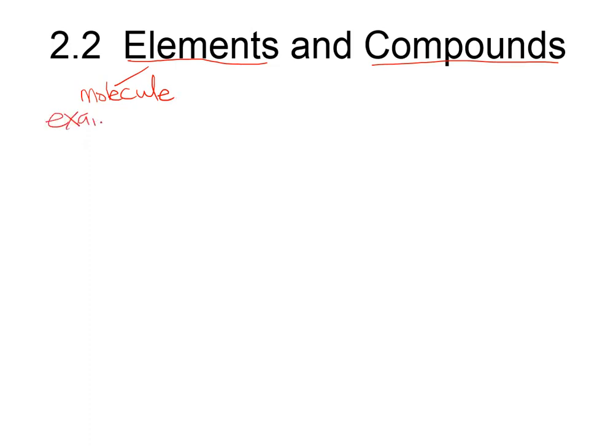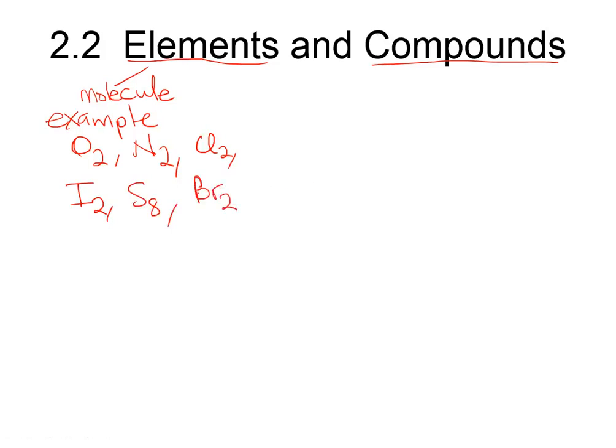So, examples for element, we have oxygen element or oxygen molecule, we have nitrogen molecule, we have chlorine molecule, we have iodine molecule, we have sulfur molecule, and we have a bromine molecule, we have fluorine molecule, among other things.